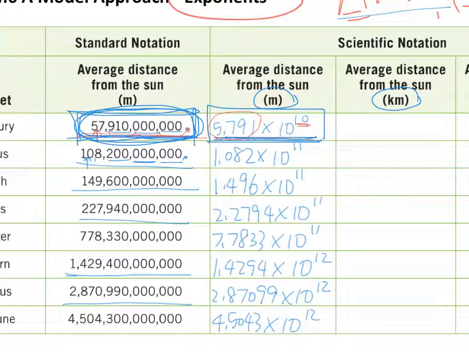We should divide by 1,000. Dividing by 1,000 is about removing the last 3 zeros. So as scientific notation, you still have the same digits as A, 5.791 times, you lost the 3 zeros, right? So it's going to be 10 to the 7th power.